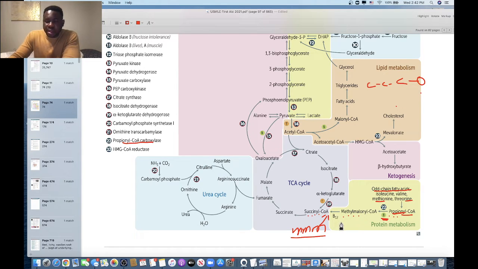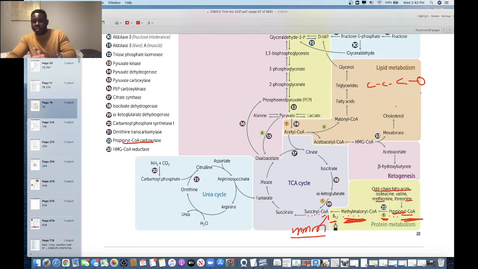So in organic acidemias, either methylmalonyl CoA is accumulating, or propionyl CoA is accumulating. How would they accumulate? Either the propionyl CoA carboxylase is not there, or biotin is not there, or there is accumulation of methylmalonyl CoA because this mutase is not there, or B12 is not there.